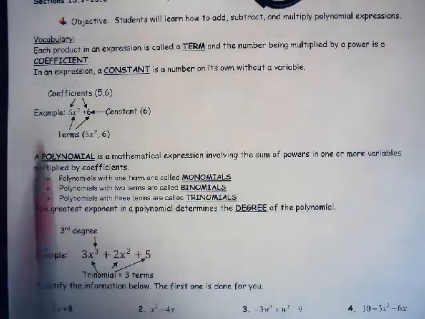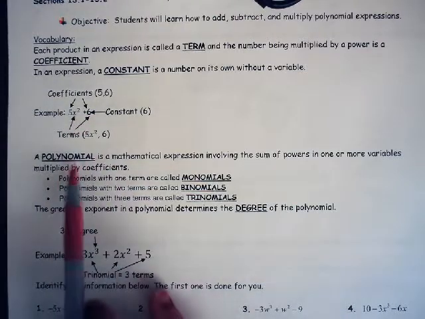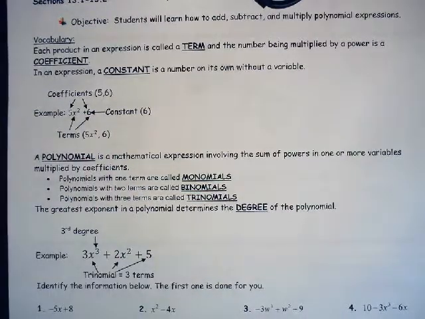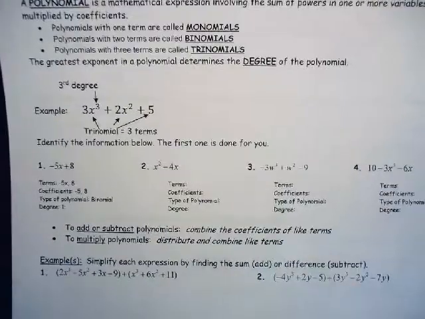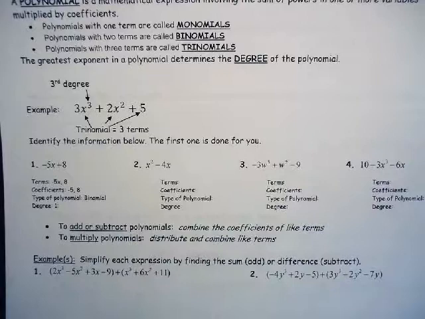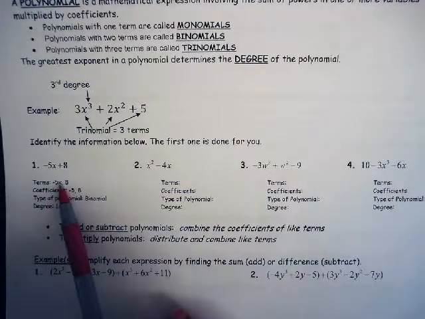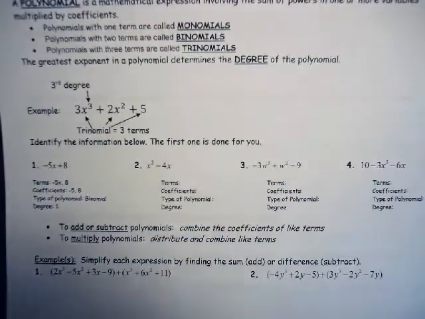Just quickly as a review, coefficients are my number in front of my variable, or my constant counts as well, 5 and 6. And then terms are each term. 5x squared would be a term, and 6 would be a term. So we're going to go down here. I've done the first one for you. You're going to fill in the information that you need to know. So terms in number 1, negative 5x would be a term, and 8 would be a term.